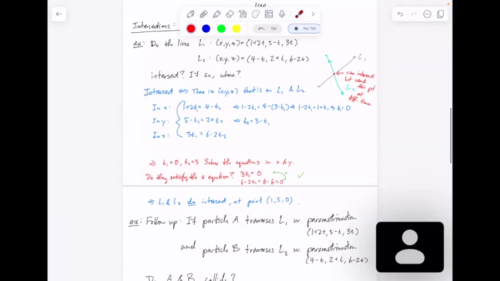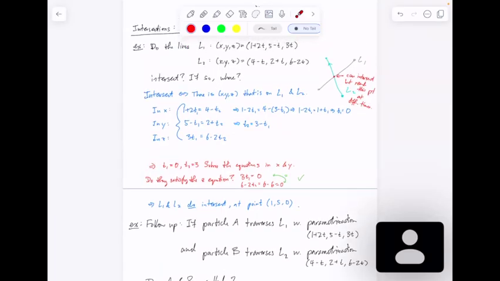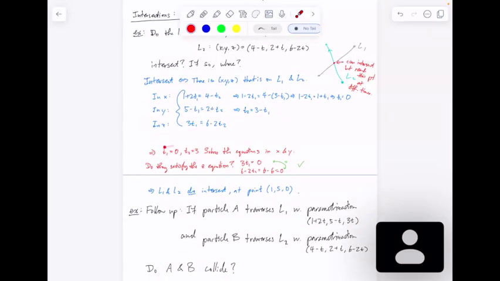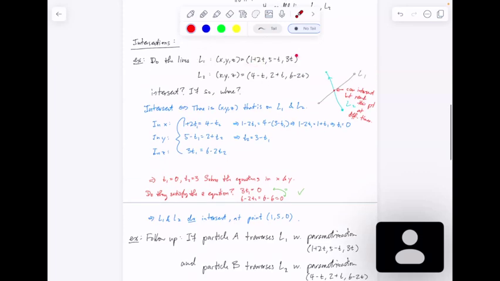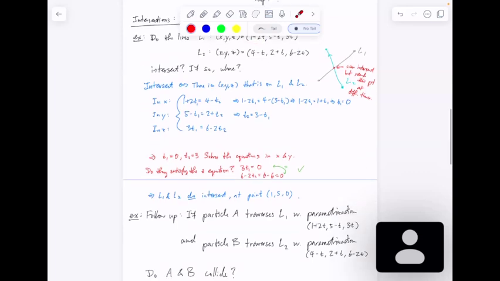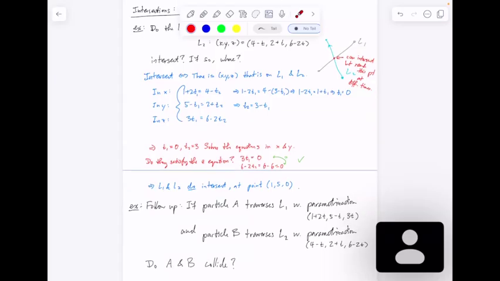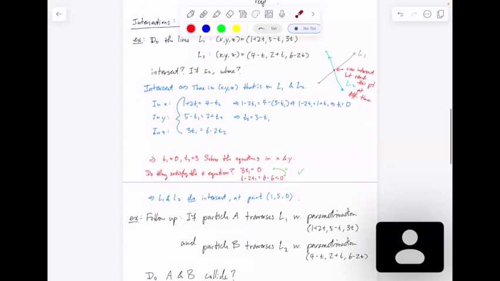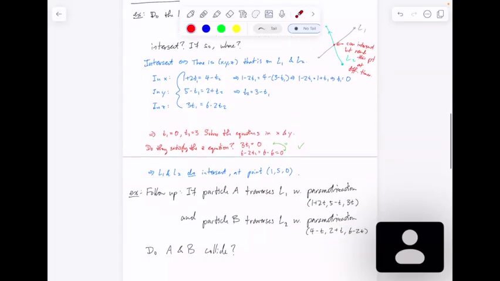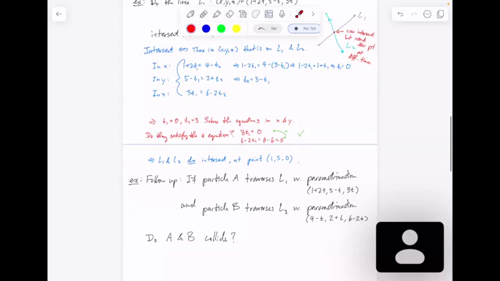In this case, what's the answer? They don't, because particle A traverses according to this path here. At time equals 0, particle A is at 150, whereas for particle B, according to this parameterization, we saw particle B arrives at 150 at time equals 3. So they do not.